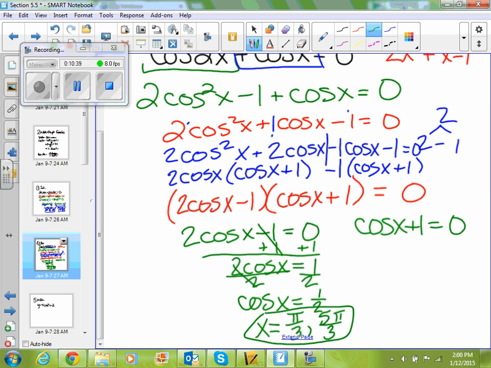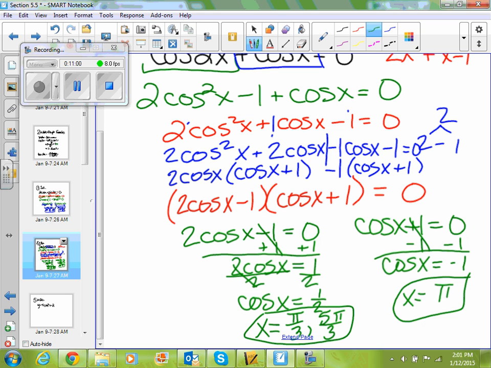And over here, if I go solve this for cosine, I subtract 1, subtract 1. So cosine of x equals -1. And where does cosine of x equal -1 at? Pi. So x equals pi over 3, 5 pi over 3, or pi.